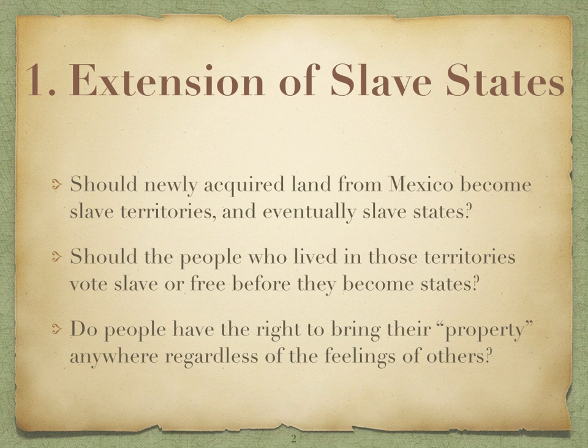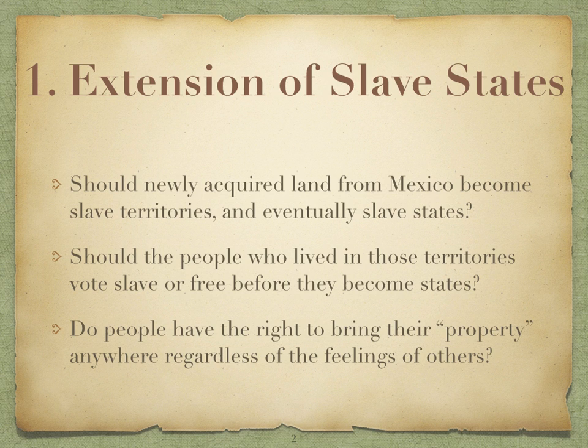As the United States grew, as we saw in the last slideshow, it was growing more and more to the west, and they were taking territories, and each individual territory had the option of becoming a state if they wanted to, and then when they became a state, they could vote to be a free state, or, I'll get into this later, a slave state. So the newly acquired territory from Mexico becomes slave states.